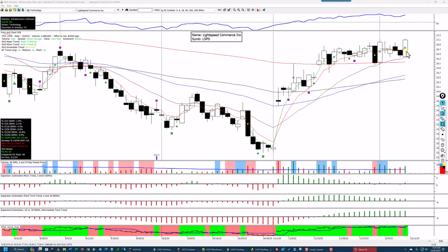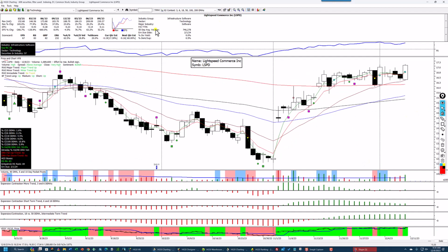It could still fail, no question about it, but you can see that once this cause, that disappears after a few seconds. This is building a cause, shaking people out. See, it broke past that right here too, and then it came down. So it may or may not go. It's certainly worth looking at. Lightspeed Commerce, certainly worth looking at.